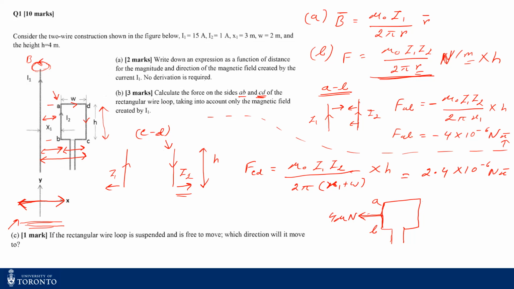And for CD, there's a right-hand force which is 2.4 micronewton. So you see on net there is more force on the left. Therefore the loop will move to the left, or basically in the negative x-axis direction.